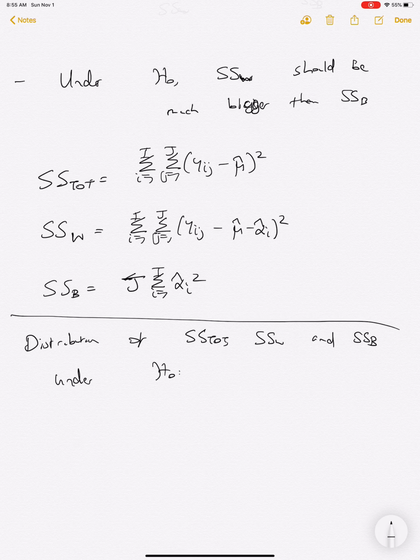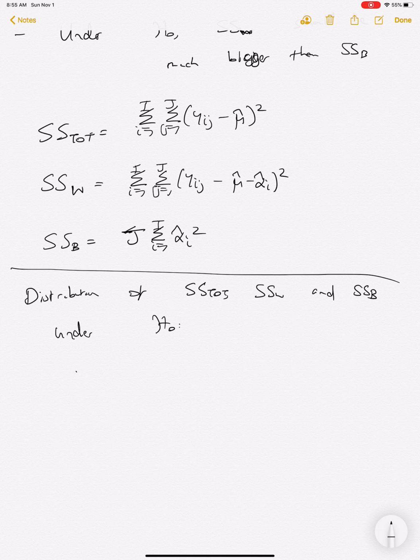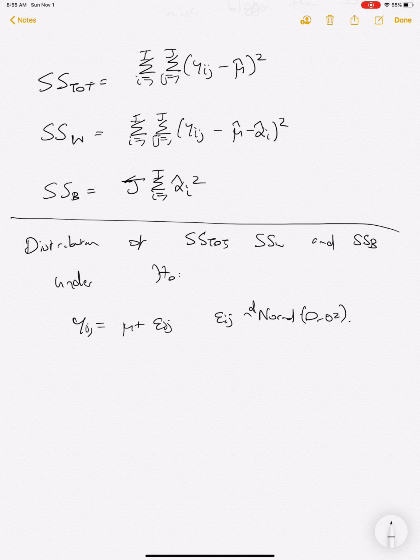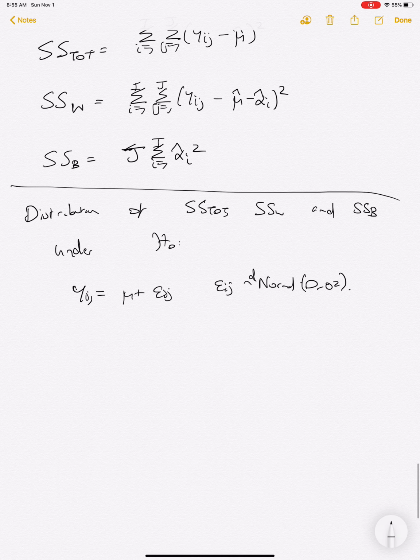We have that under H naught, yij is equal to mu plus epsilon ij, where epsilon ij is normal with mean 0 and variance sigma squared. So you can calculate that. Here we have that the alpha i is equal to 0 for all i.